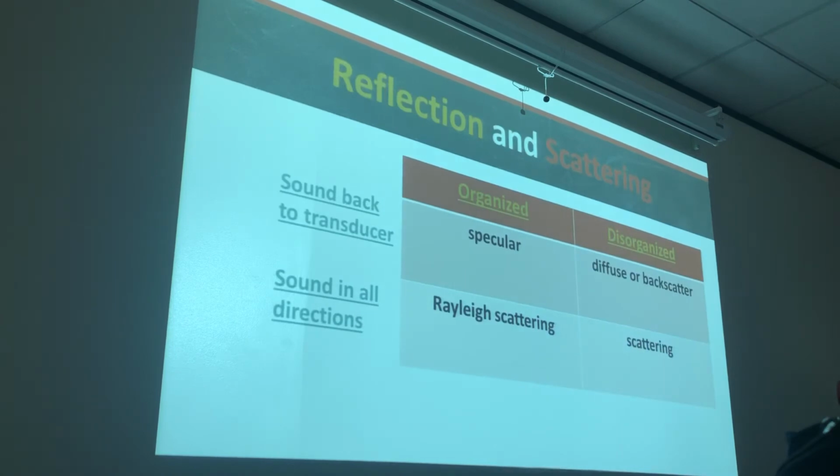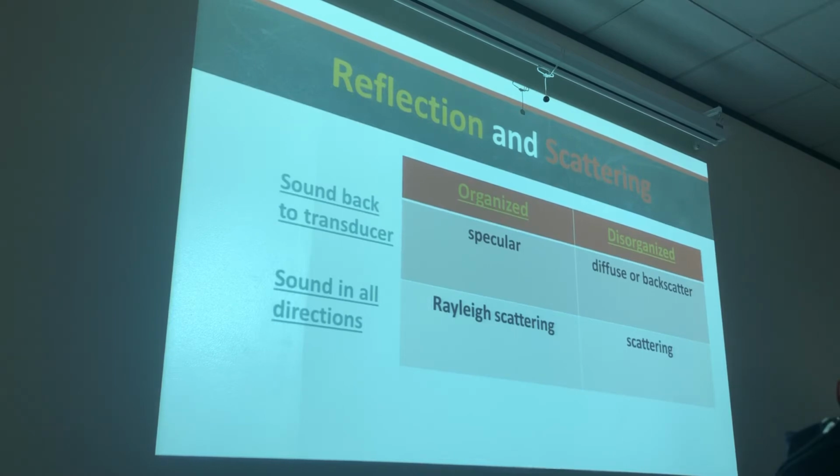All right? So let's do a quick review of reflection and scattering. Specular and Rayleigh scattering, they're organized, right? Specular reflection will get some sound back to the transducer. Again, if it's perpendicular to the beam and the border is smooth, that's going to reflect directly back to the transducer.